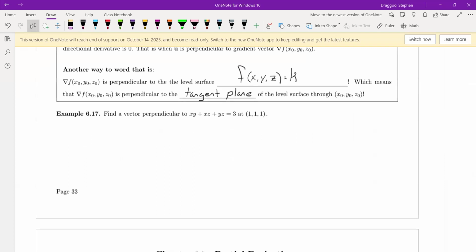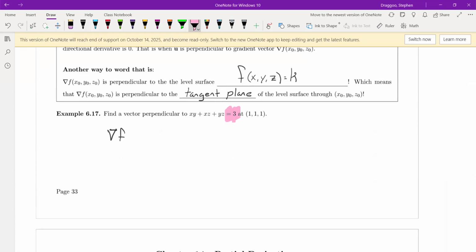So if I want to go do some of that stuff, maybe find gradient f of this function. Also notice that my function's equal to a constant value. That's pretty important when we're setting this stuff up. Make sure that our function should have all of its variables gathered on one side, and then its constant term on the other. Oftentimes that constant will be 0, but in this case it's 3.